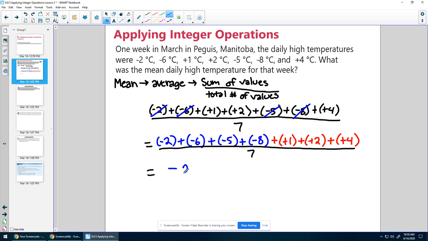Plus 8, 21. So we have -21. And we are going to add our positives. Same team, so we know it's going to be a positive team. 1 plus 2, 3, plus 4, 7.